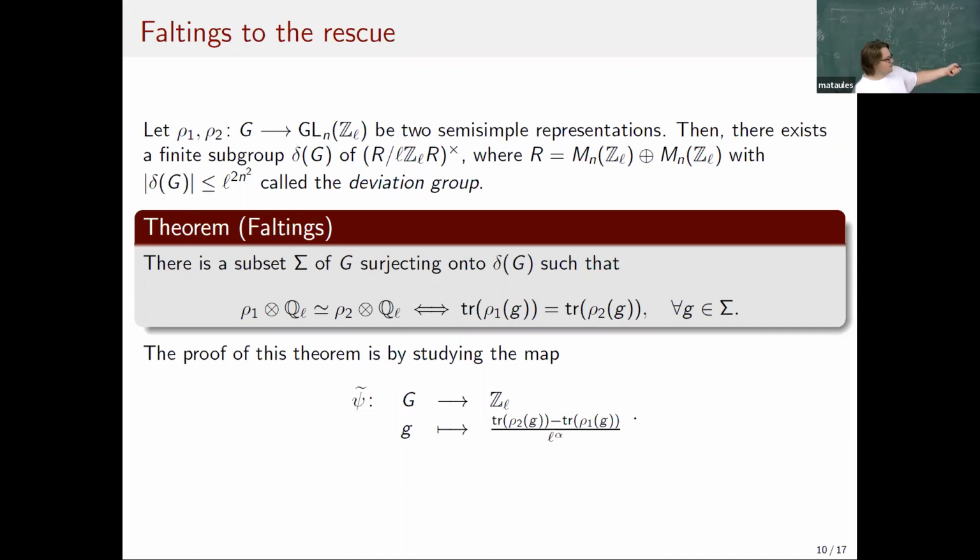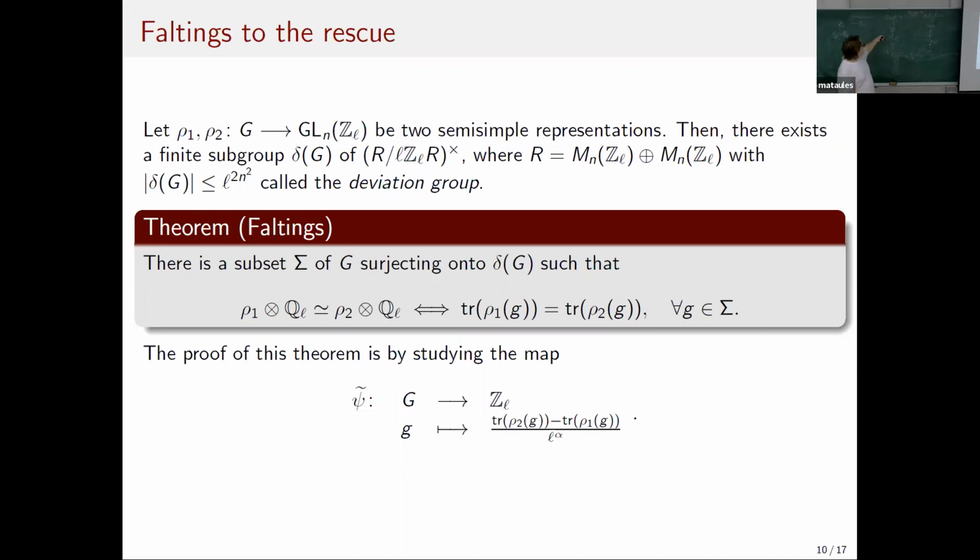Of this group, not the deviation group. The deviation group is hard. And then he proved that if you have a subset of your original group that surjects onto this deviation group, then just comparing the traces at those elements is enough. This is very nice because we have a finite group, so we only have to compare a finite number of traces now.